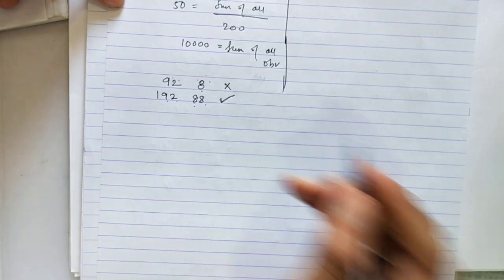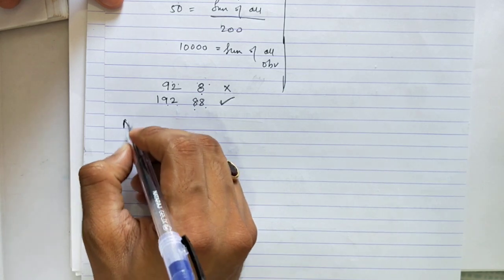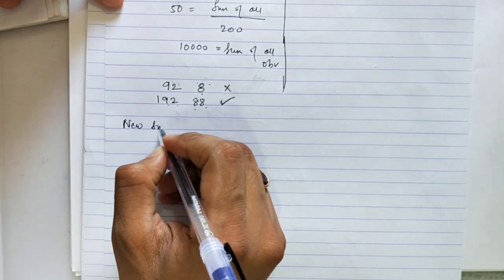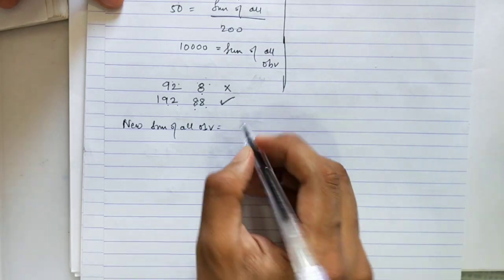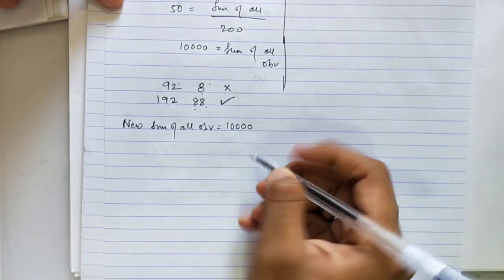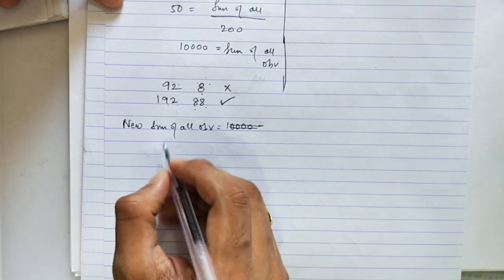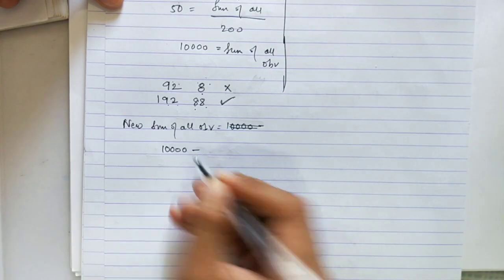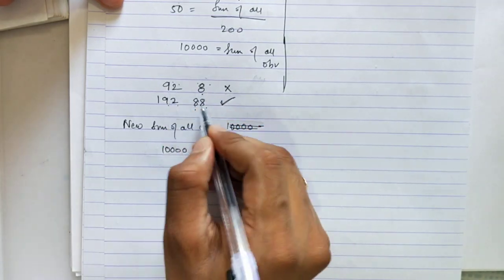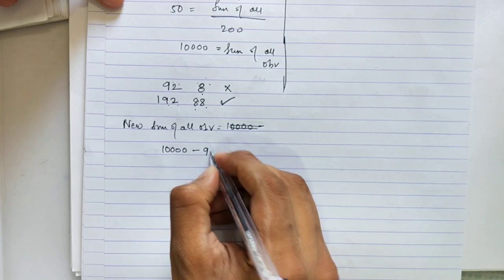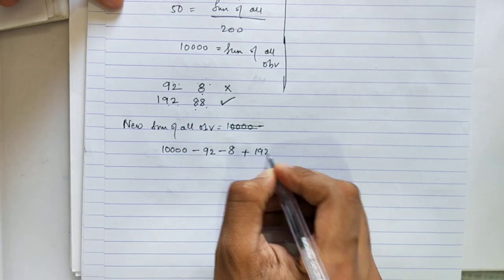Now again, the same method: we have to find the correct mean. First find the new total, the new sum of all observations. How to find that? Take 10,000 and subtract the wrong ones and add the right ones.